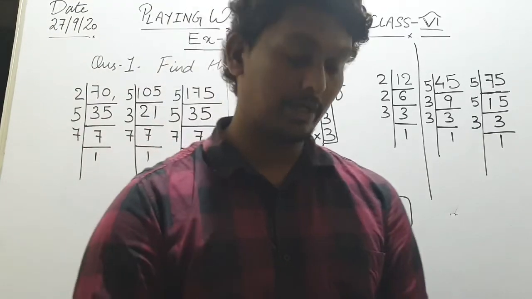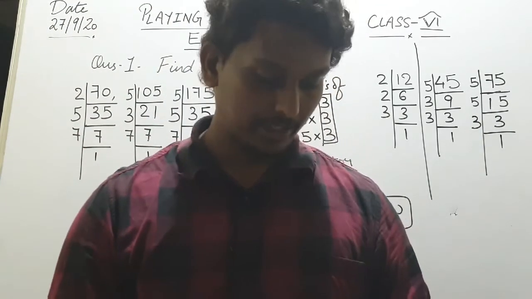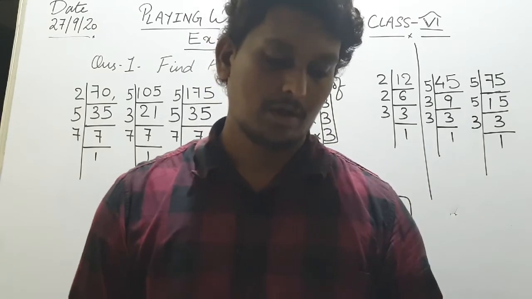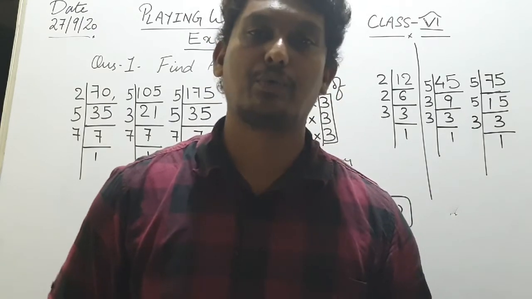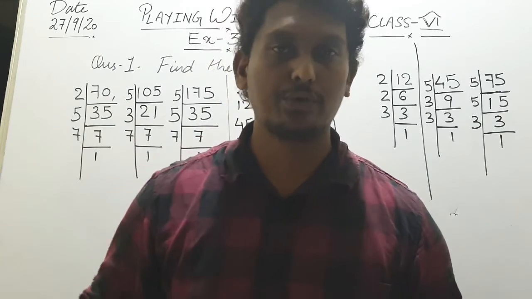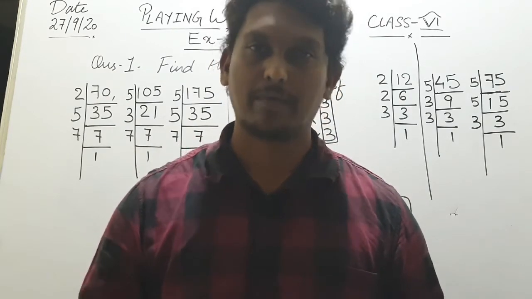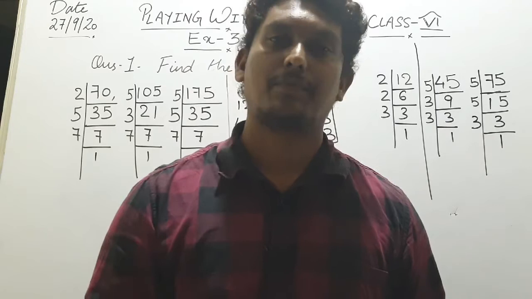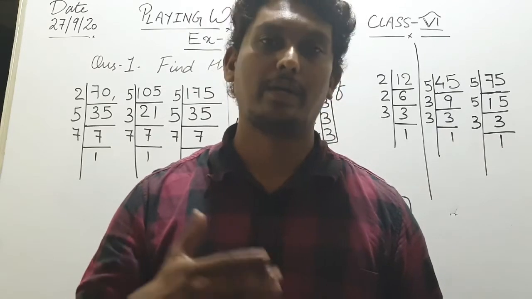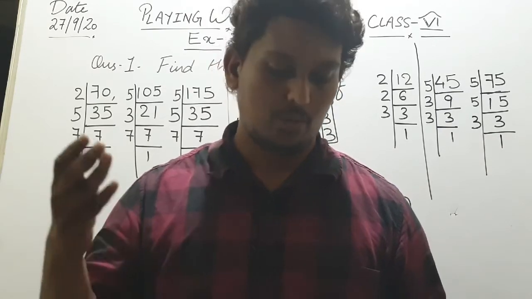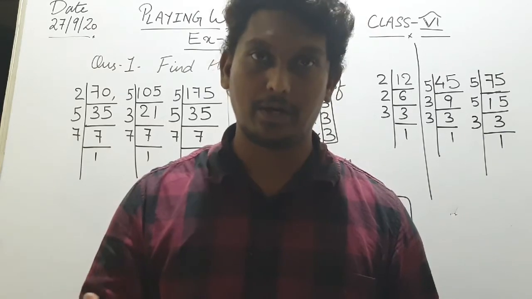What is that? I'm going to tell you. I'm reading the question here: what is the HCF of two consecutive numbers? You have to take any two consecutive numbers. Earlier also we have discussed about it. Suppose you are taking 1 and 2, then you have to write what is the highest common factor of 1 and 2?